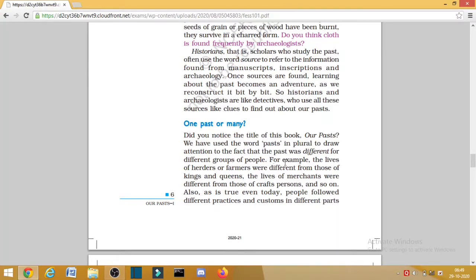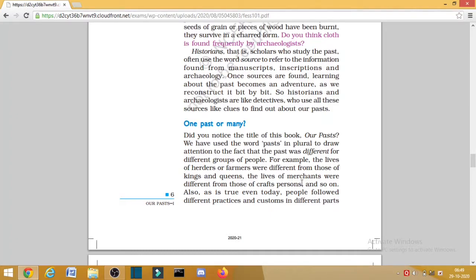For example, the lives of herders or farmers were different from those of kings and queens. The living conditions of people who were domesticating animals, or farmers, and the condition of kings and queens, there is a gulf of difference between their living standards.